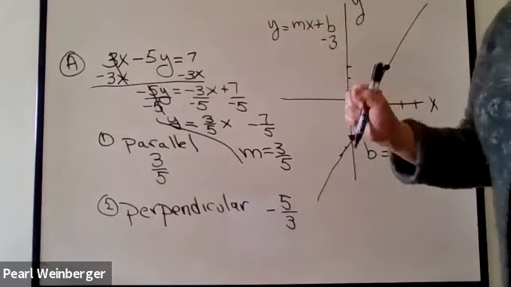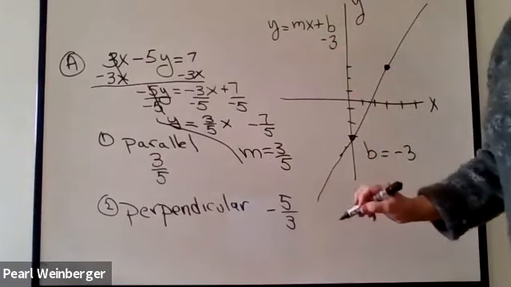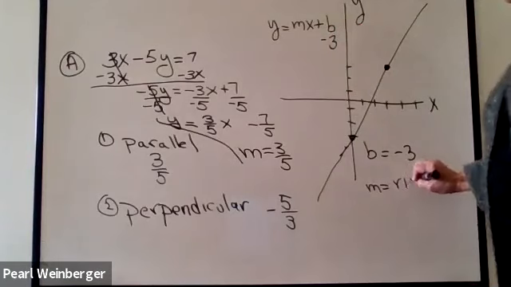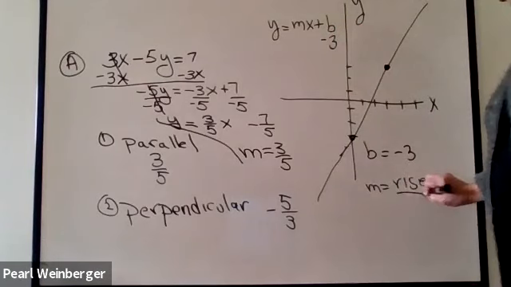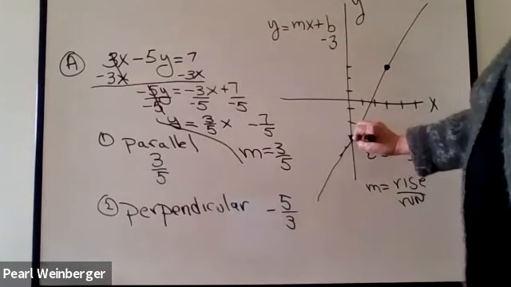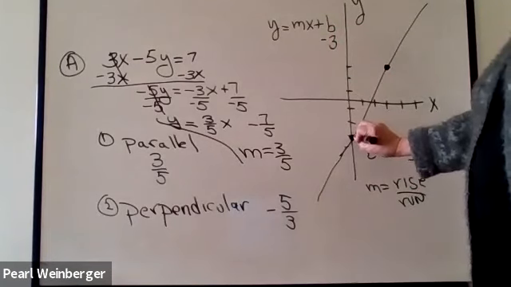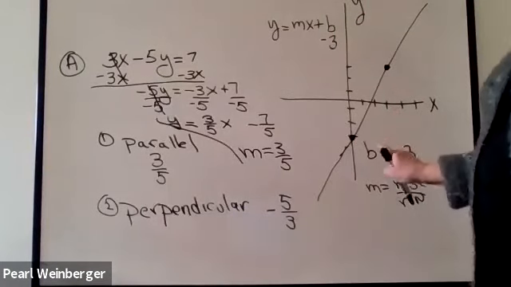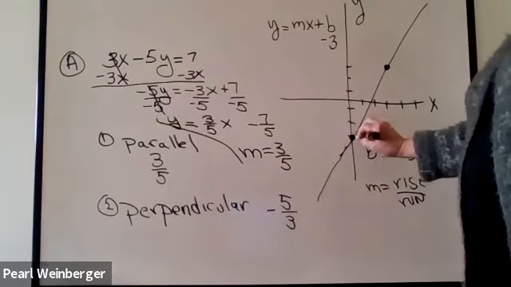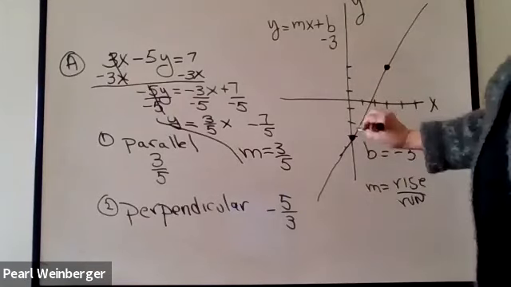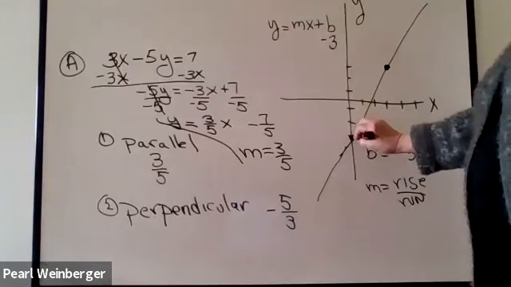The question is, how do I figure out the slope from the graph? Remember, slope means rise over run. So let's take this point that I know and go over to this point in 2 steps. First, sometimes we have to go up, sometimes we have to go down. We're going up.